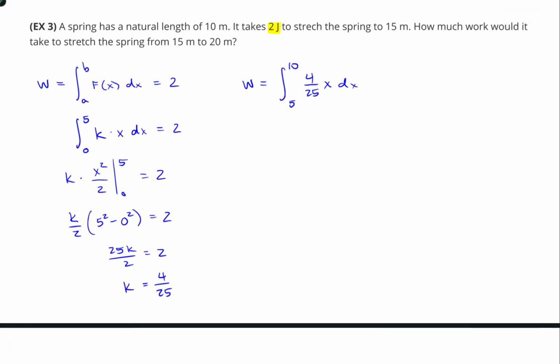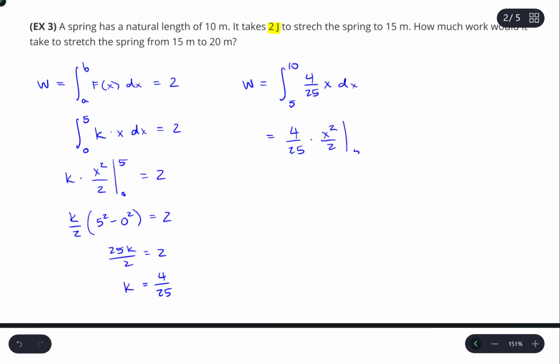This is the same as the last step in the previous problems, it just took a little bit different way of arriving at the spring constant. So 4 over 25 times x squared over 2, integrated from 5 to 10.